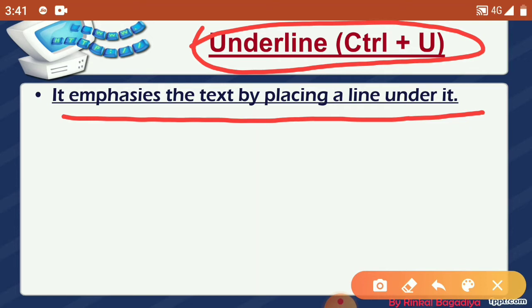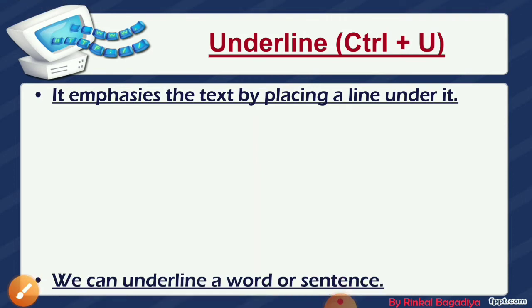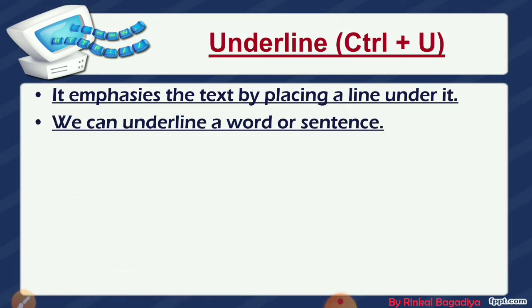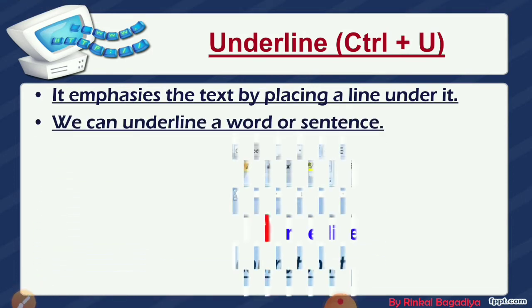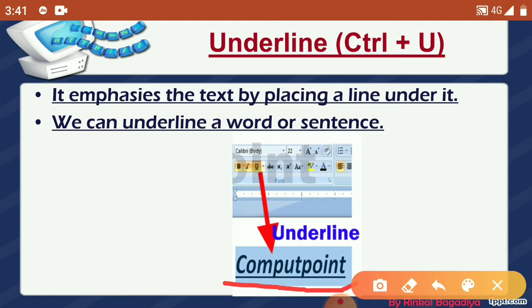That's why. Okay. Now after applying underline effect, you can see our word or sentence looks like this on the screen. Here our word is compute output, and after applying underline effect it will look like this. It gets underlined below it.